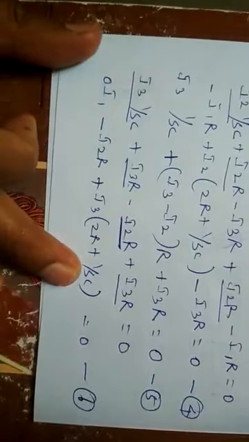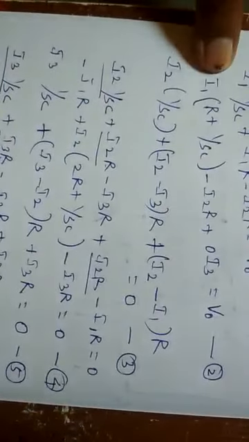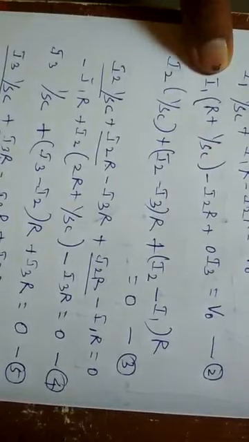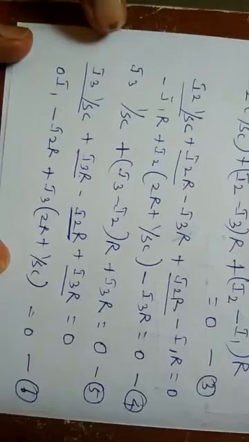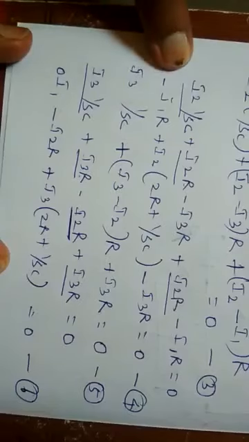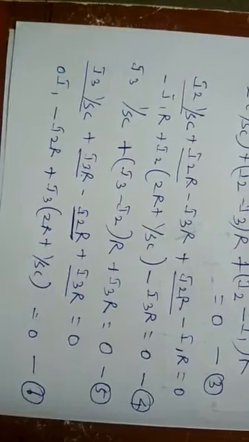Now the finished equations are equation 2 for the first loop, equation 4 for the second loop, and equation 6 for the third loop.